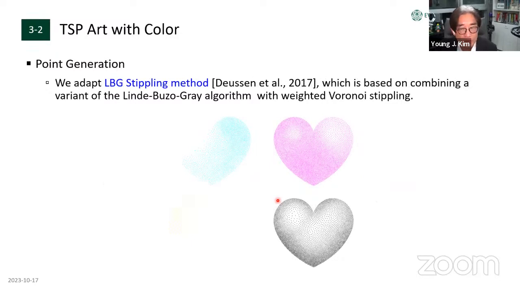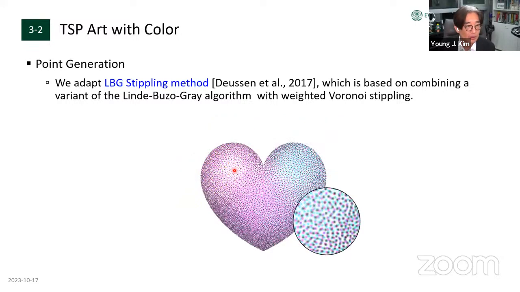And then the next step is that for each separate color channel, we have to find the stippling points. In our case, we use the very well-known weighted Voronoi stippling technique to find stippling points that approximate the tonality of each channel. So this will be the stippling result for each color channel and their combination.